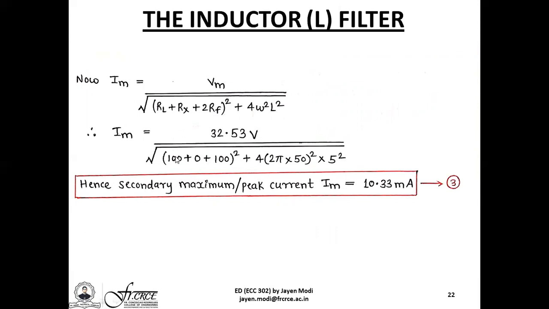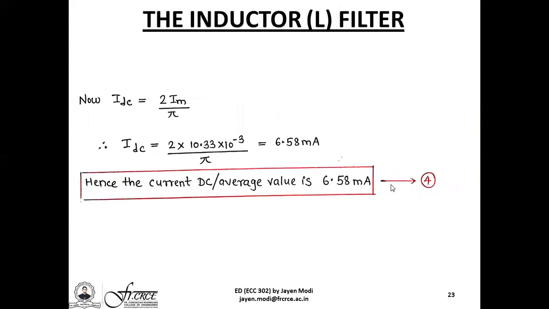RL was given as 100, Rx was 0, and Rf was 50. 50 into 2 gives you the value 100. So we have 100 plus 0 plus 100, the whole term square, plus 4 into omega square, which is 2 pi into f, the whole term square, into L square, that is 5, the whole term square. So the secondary maximum or the peak current Im is given as 10.33 milliamperes.